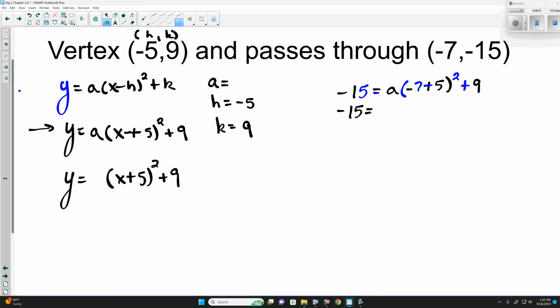First thing we need to do is simplify what's inside our parentheses. Exactly. -7 plus 5 would be -2. -2 squared is 4, because -2 times -2, negative and negative make it positive. 2 times 2 is 4.